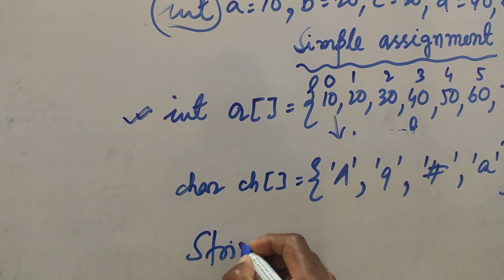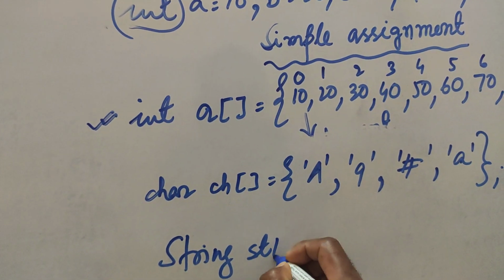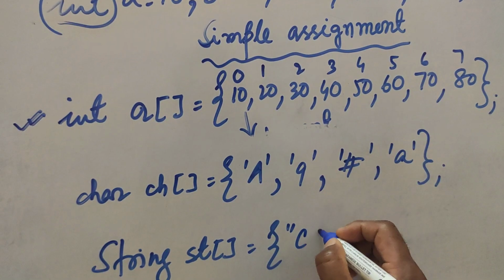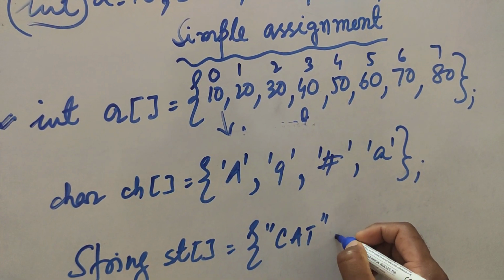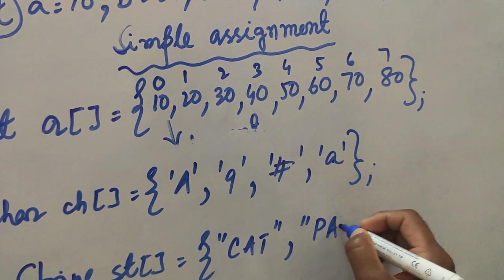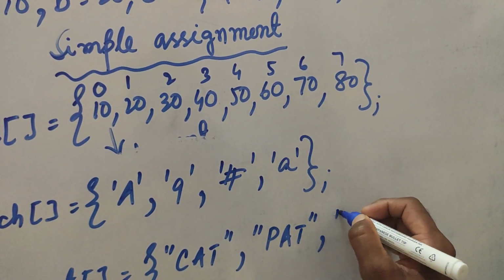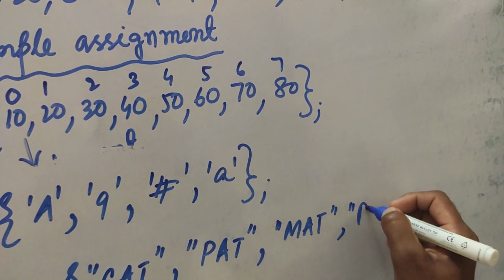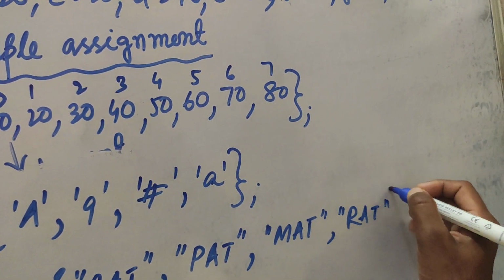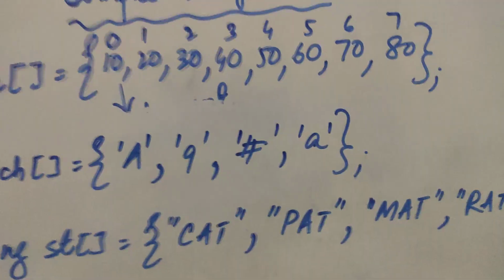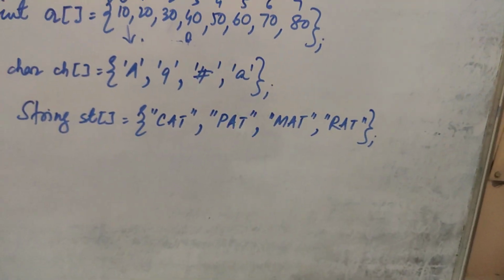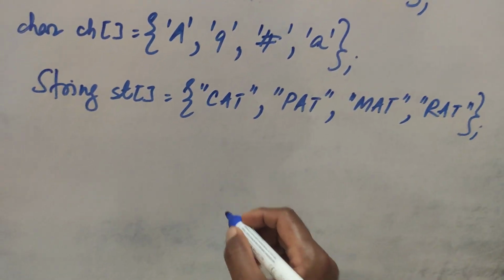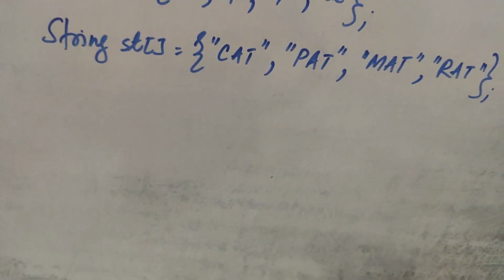String variable, if I want to declare the string st: cat, pat, mat, rat. That way we place the string values.